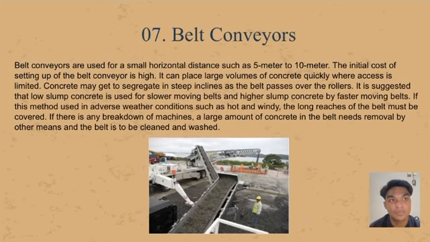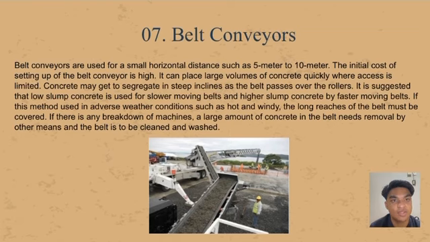Number 7, belt conveyors. Belt conveyors are used for small horizontal distances such as 5 meters to 10 meters. The initial cost of setting up the belt conveyors is high. It can place large volumes of concrete quickly where access is limited. Concrete may segregate on an incline as the belt passes over the rollers.